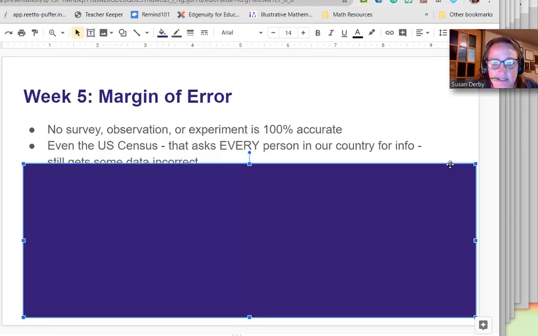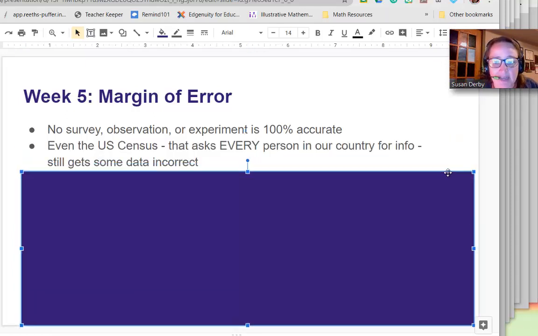Even when we have some things like the U.S. Census, where we ask every single person in the United States for their information, we do this every 10 years. It's part of our Constitution. We count every single person and we ask for data and information from them. But even that is not 100% accurate because there are people that they don't have addresses for or can't track down.